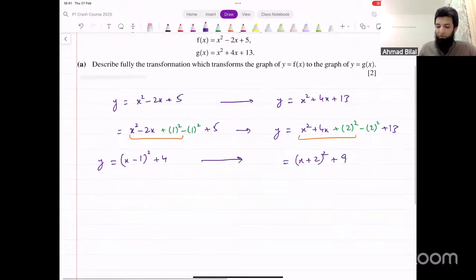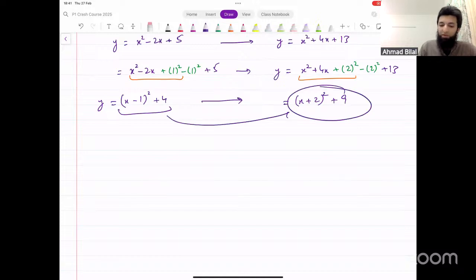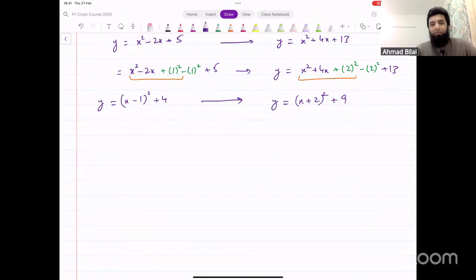So we have to go from x minus 1 whole squared plus 4 to x plus 2 whole squared plus 9. That's the transformation that is happening. Okay. Now, how do we write down this transformation? How do we describe this transformation? What is changing? Outside the function, 4 is going to 9. How do you take 4 to 9?